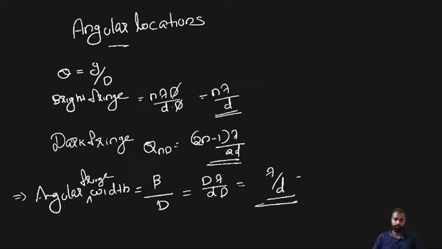So lambda by d is the angular fringe width. Okay, this is all about the first part of the YDSE experiment.